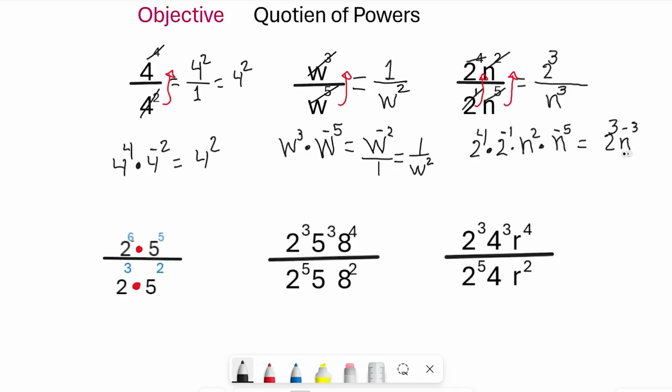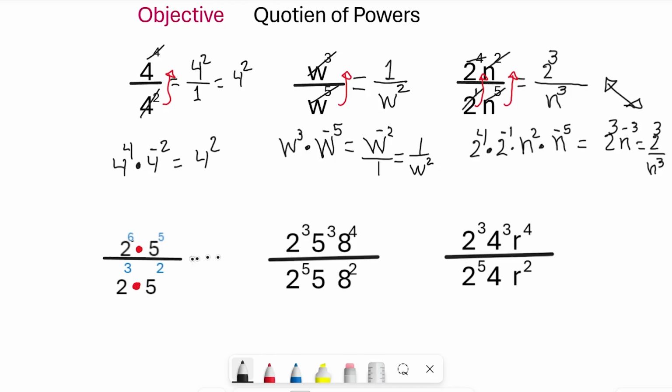Now, what you need to do is switch this one, all right? It is in the numerator, you have to bring it down to have the exponent change from negative into positive. So that's how you get n to the third power. And you can see the answers, right? They are the same. Okay, but it's a little bit more work if we do it this way.